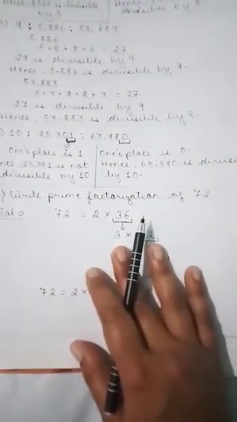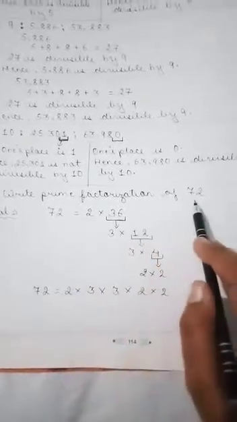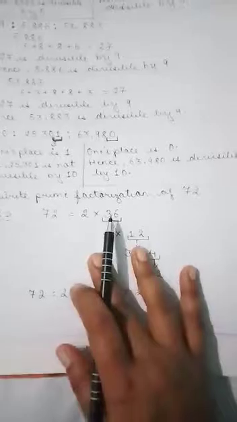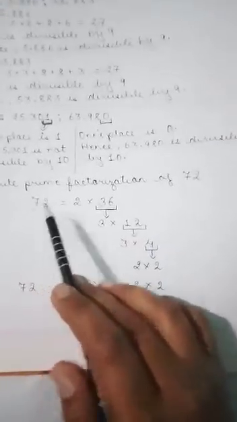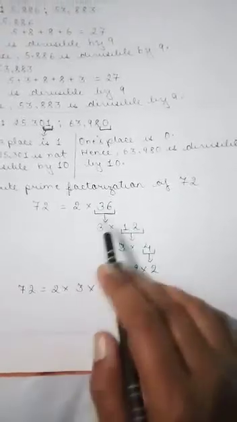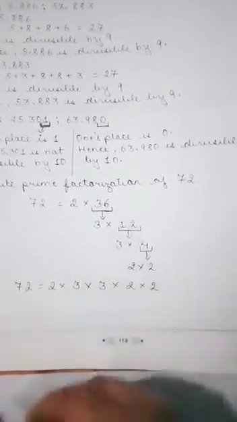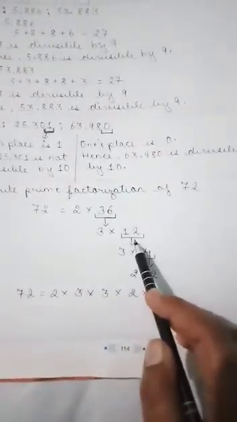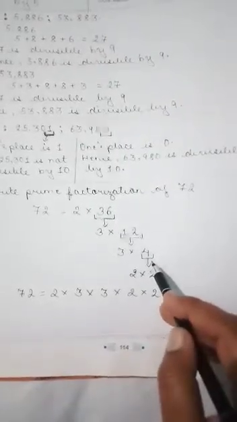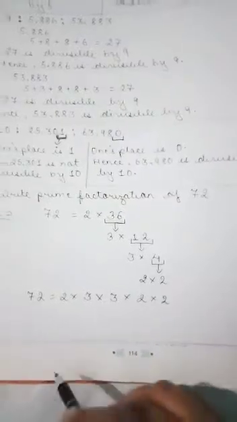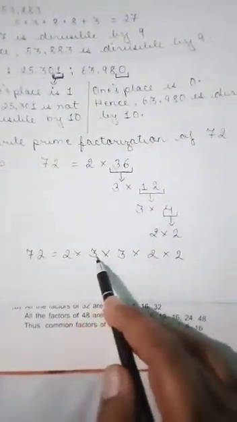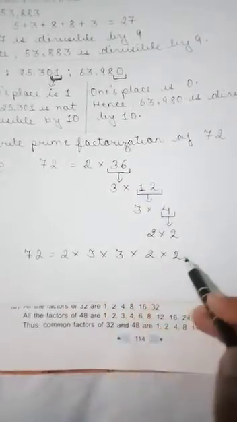Next, 19th question. Write the prime factorization of 72. You can break 72 as 2 into 36. Now 36 further you can break as 3 into 12. 12 you can further break as 3 into 4. 4 you can further break as 2 into 2. So 72 can be written as 2 into 3 into 3 into 2 into 2.